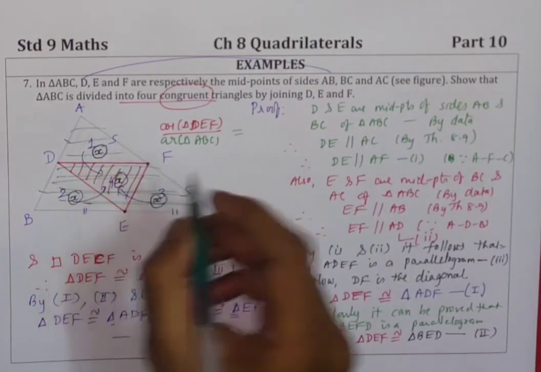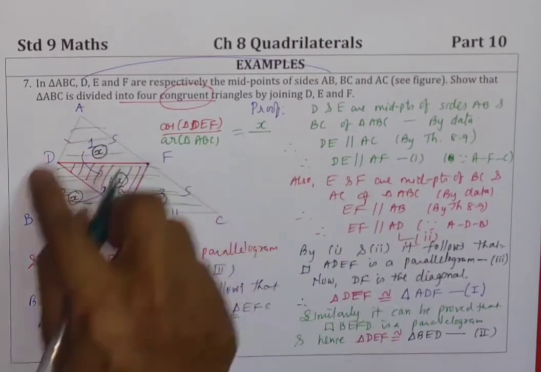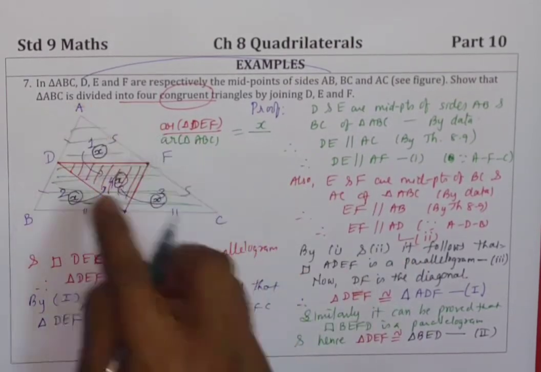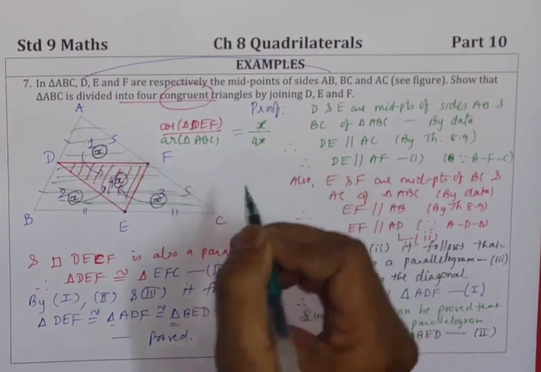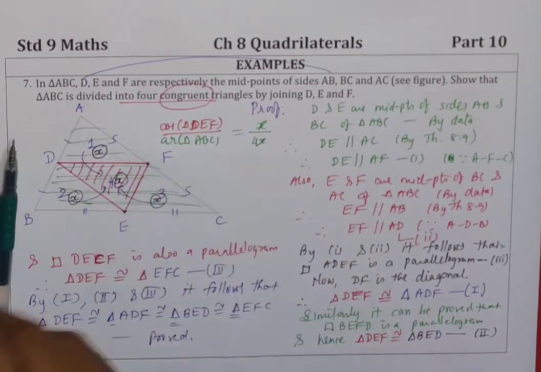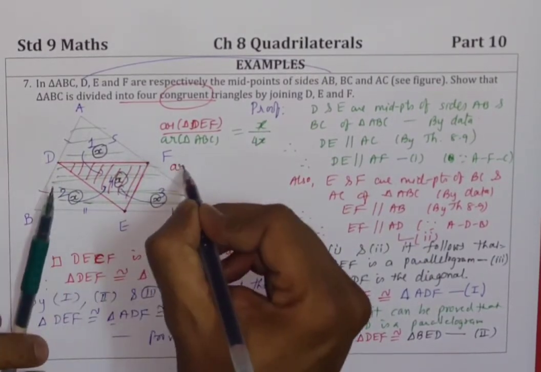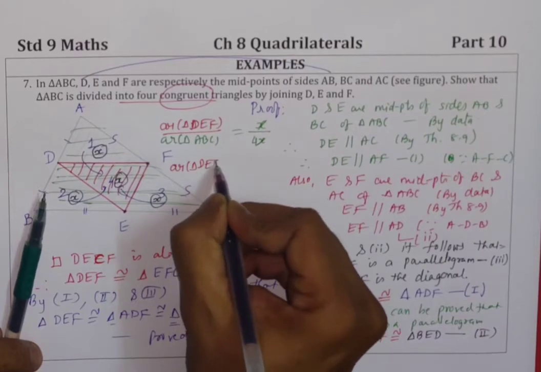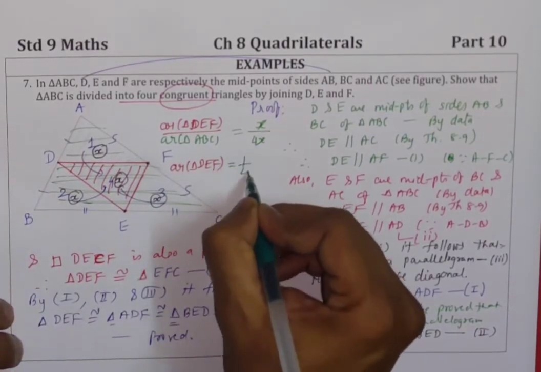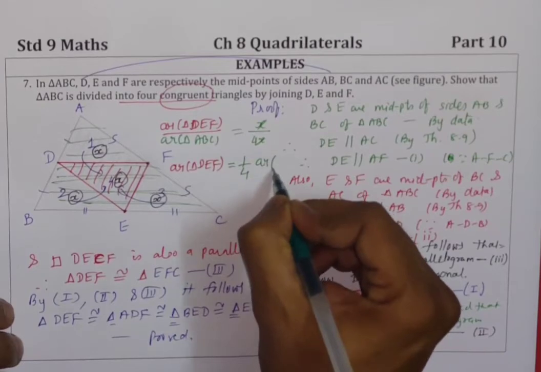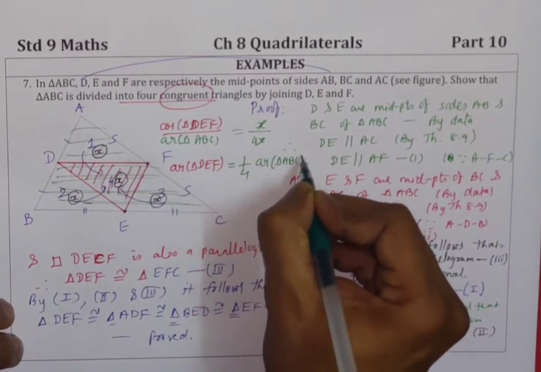Now what is the area of the red triangle? x. And what is the area of the green line triangle? x plus x plus x plus x, 4x. So x cancels. So you can say the area of the triangle joined by the midpoints of the sides is equal to 1/4 the area of original triangle ABC.